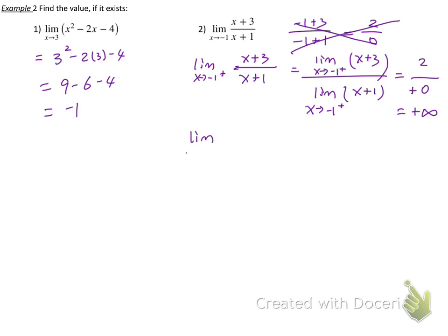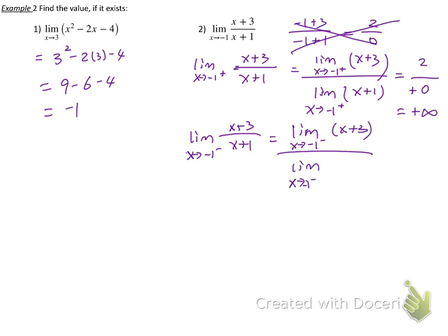But on the other hand, you can do the same argument when the limit of x plus 3 over x plus 1 as x approaches negative 1 from the negative side, it will still be the limit on the top, the numerator, over the limit of the denominator if they exist. So as x approaches negative 1, when you add 3, it approaches 2 from the negative side, but still it's a 2.